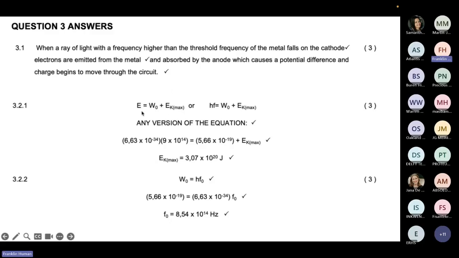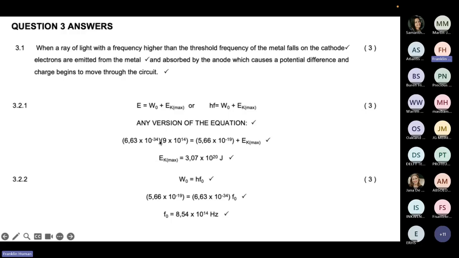So we know that the energy of a photon is equal to work function plus EK max, or if we expand the energy of the photon to Planck's constant multiplied by frequency, that will be equal to work function plus the kinetic energy of your electrons being emitted.